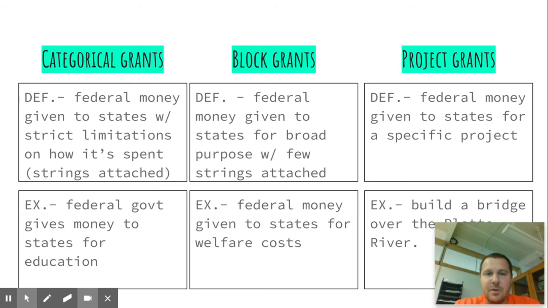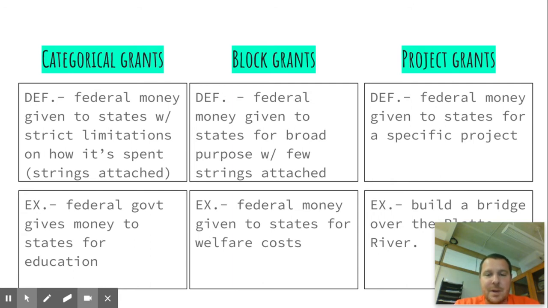A block grant is far more general and far fewer strings are attached. So, for instance, a block grant might be given to a state to help folks who are struggling to make ends meet. So American citizens who would qualify as having some income restrictions, low income.